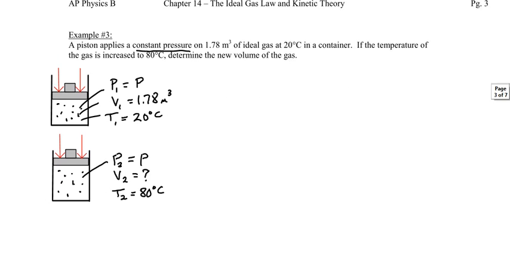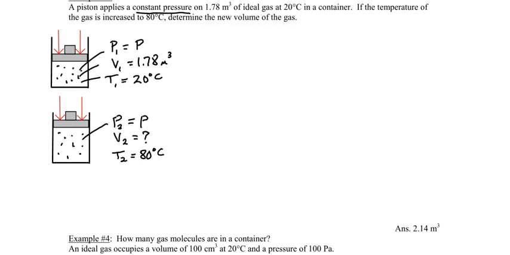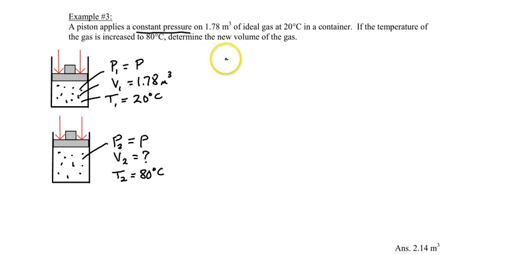All right, first we'll develop the formula in a minute here. I'll just write down the ideal gas law: PV equals nRT, and then we'll write it once more. PV equals nRT. And then we'll write it for state 1, P1, V1, and T1, and then pressure 2, volume 2, and temperature 2 for state 2. And then we'll cancel out the things that we know are constant from state 1 to state 2.